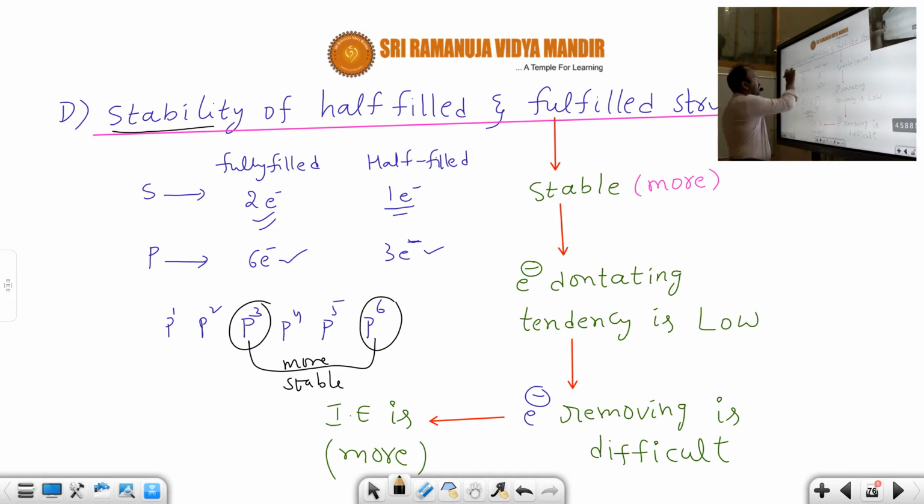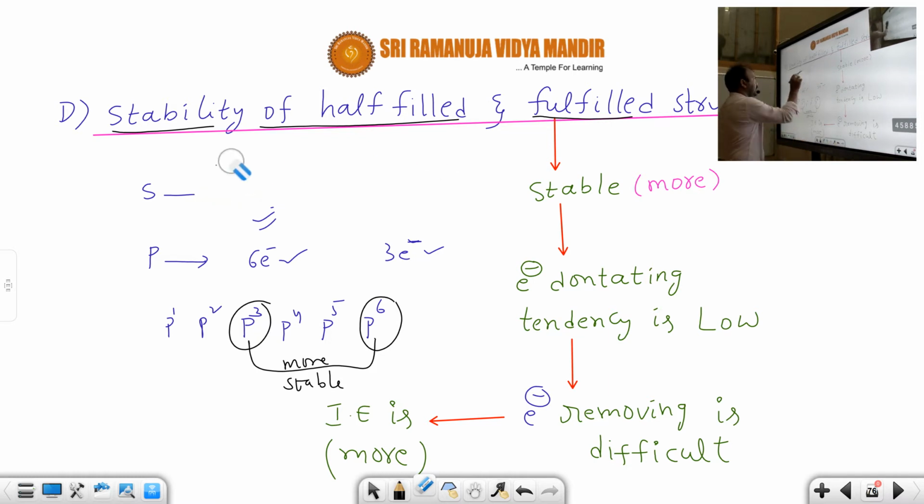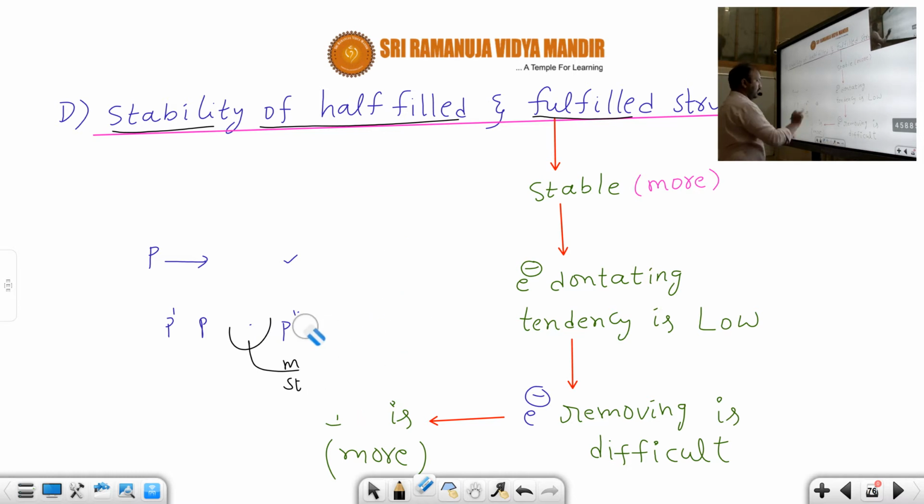So how do the stability of half-filled and full-filled structures influence the atomic radius and ionization potential values? Which factor?